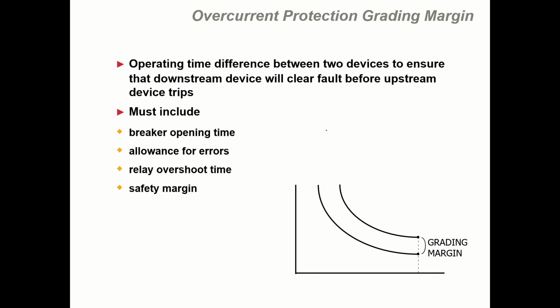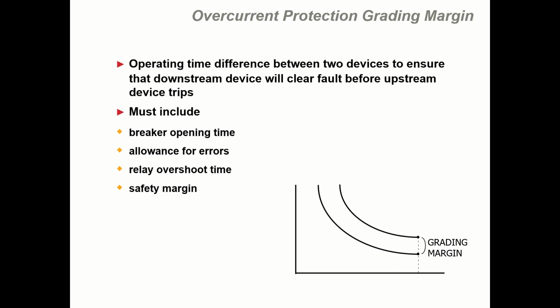Now, what is the grading margin? The grading margin is the same thing I have already discussed, which is the coordination time interval. This is the operating time difference between two devices to ensure that the downstream device will clear the fault before the upstream device trips. Basically, the relay closer to the fault should operate.